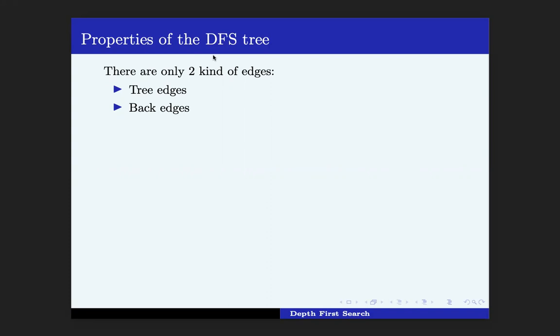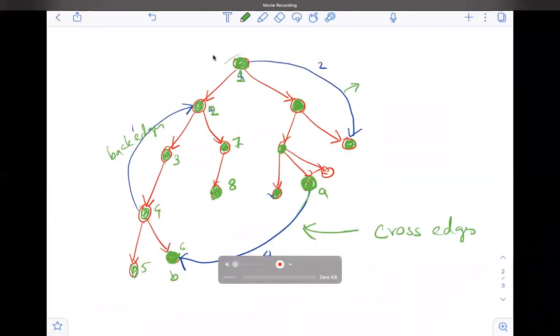The red edges are the edges of the tree, the others are edges of the graph. Okay, so red edges is the spanning tree. The spanning tree, of course, doesn't have any cycle. But you can have cycles if you add the edges that are in the graph but not in the tree.